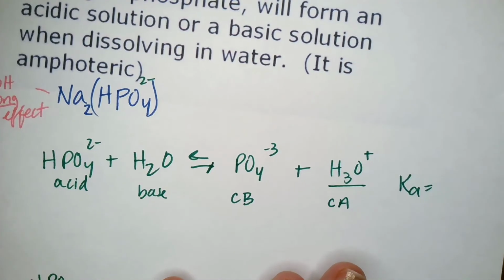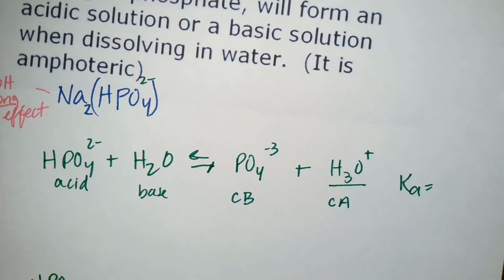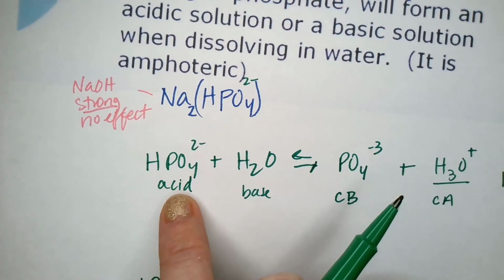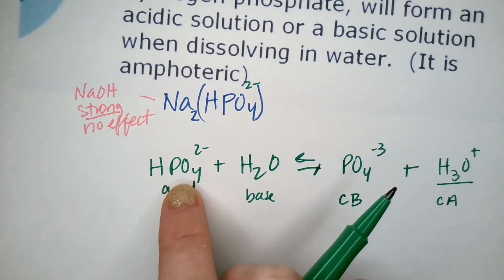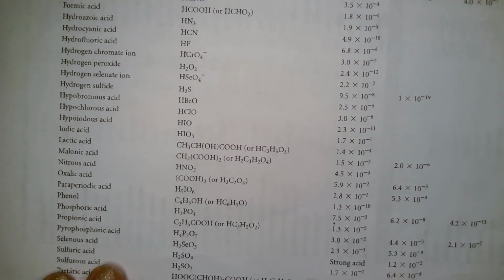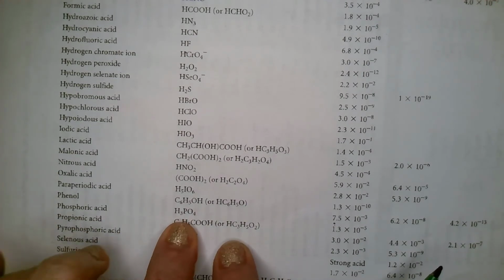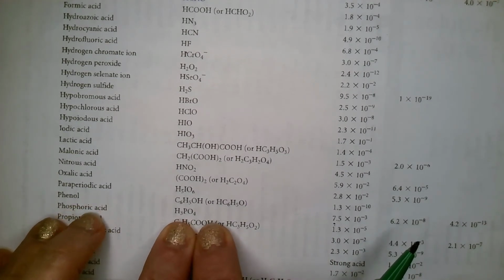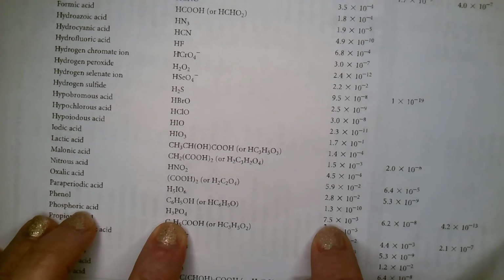Now in this case, let's look at our Ka constant, which should be in the appendix here. We're going to look up the Ka constant for HPO4, which comes from phosphoric acid.